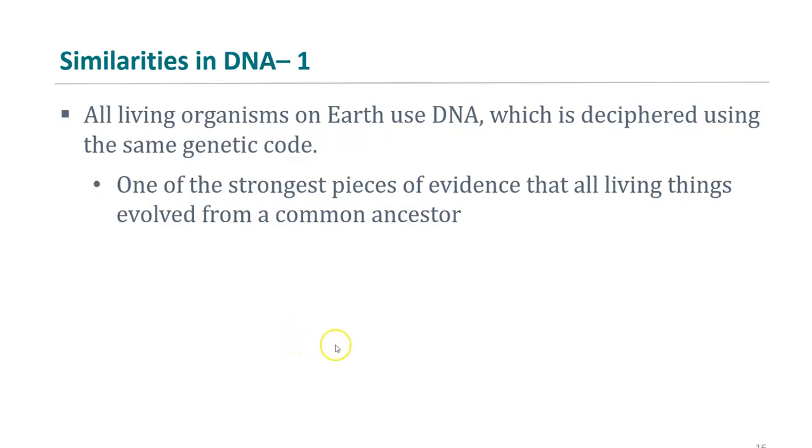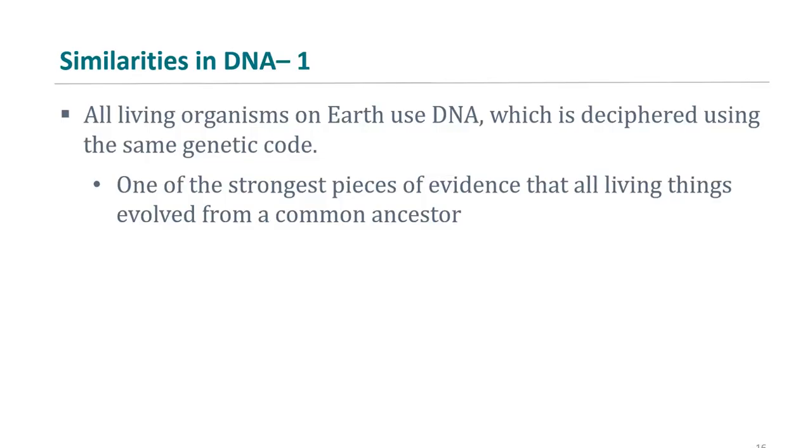And then we also have the DNA evidence, right? All living organisms on Earth use DNA. Regardless of whether we're talking about a whale or a worm, they all have DNA, even plants, right? Even fungi, even the protists. All of this uses the same exact genetic code.